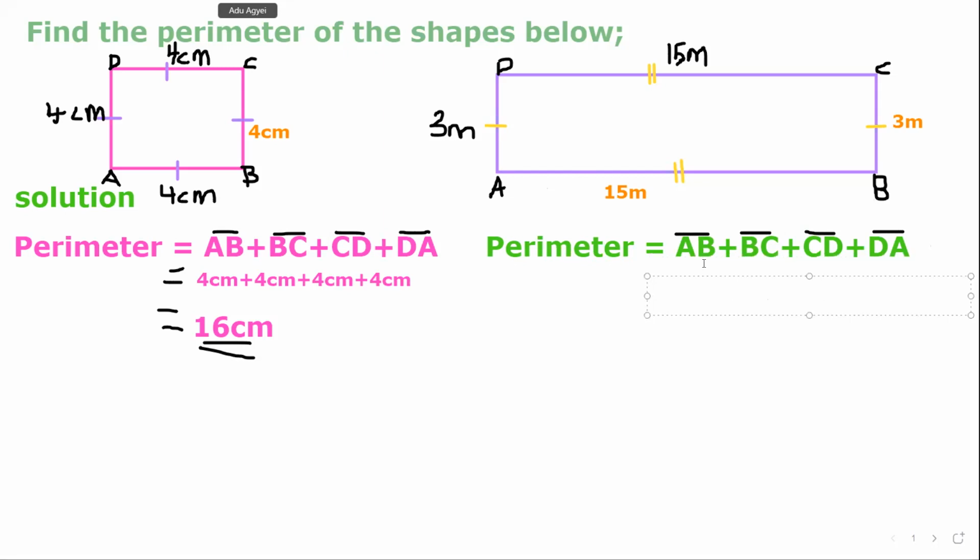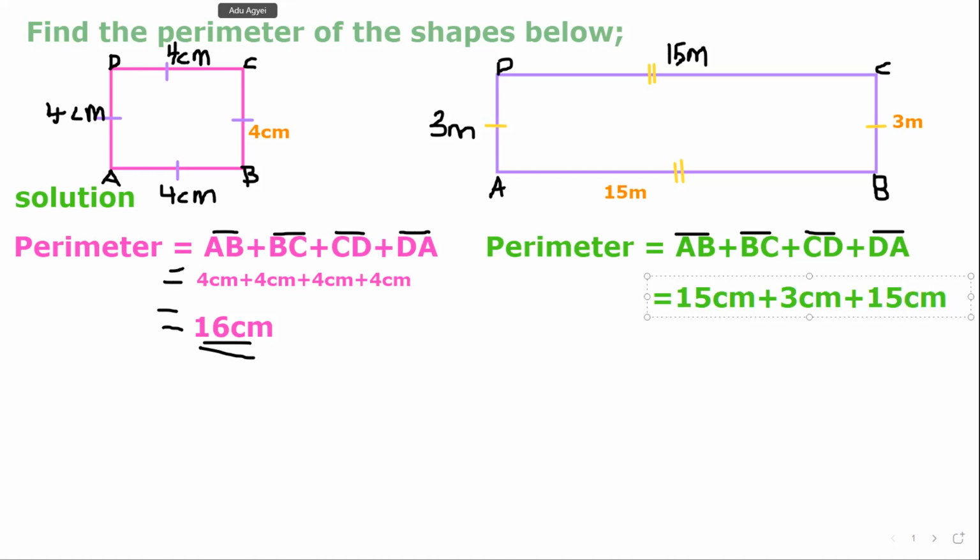So line AB is 15. So perimeter is what? Line AB is 15 centimeters plus line BC, which is 3 centimeters, plus line CD or DC is also 15 centimeters.